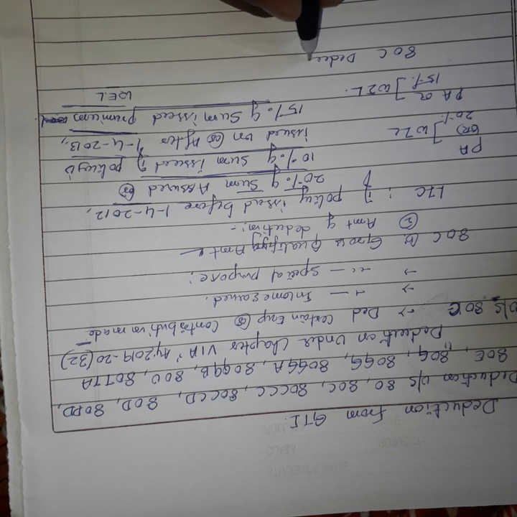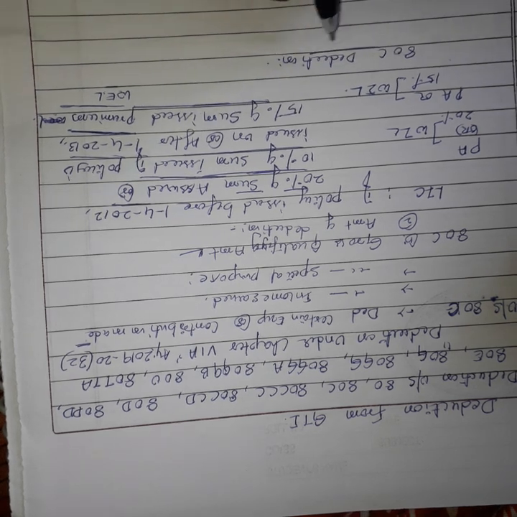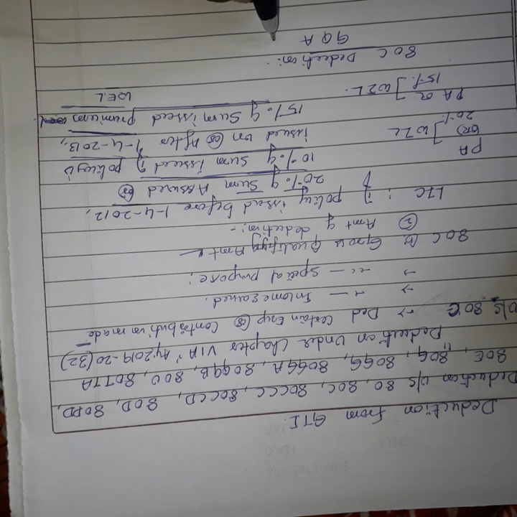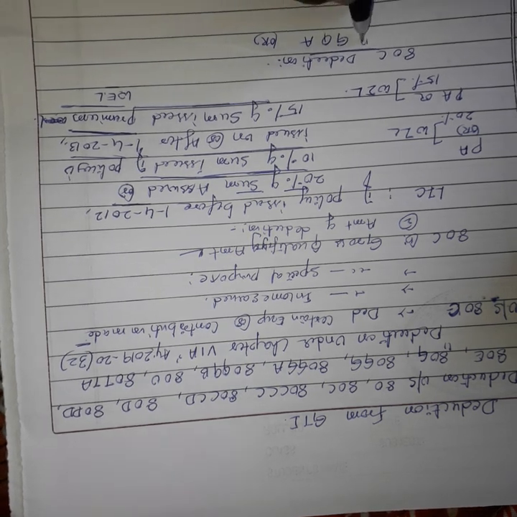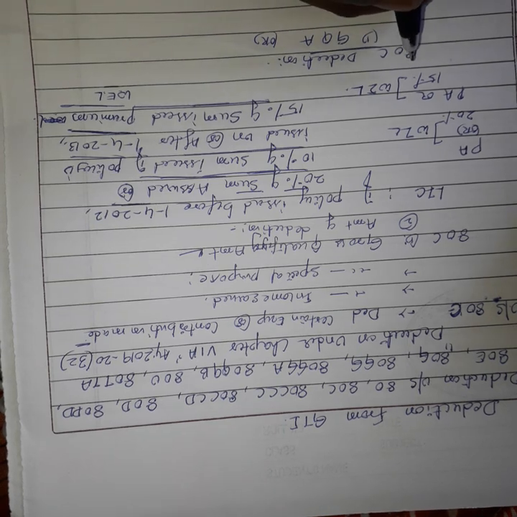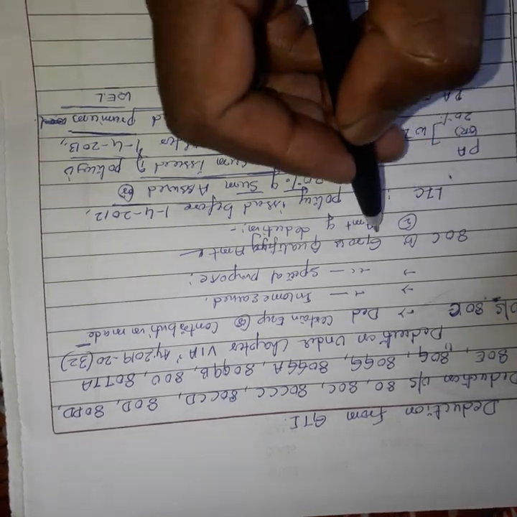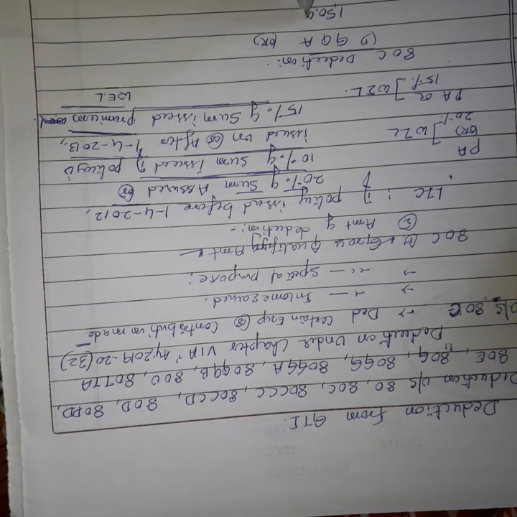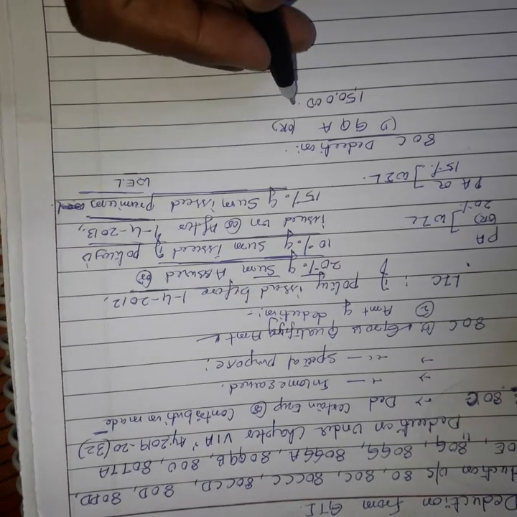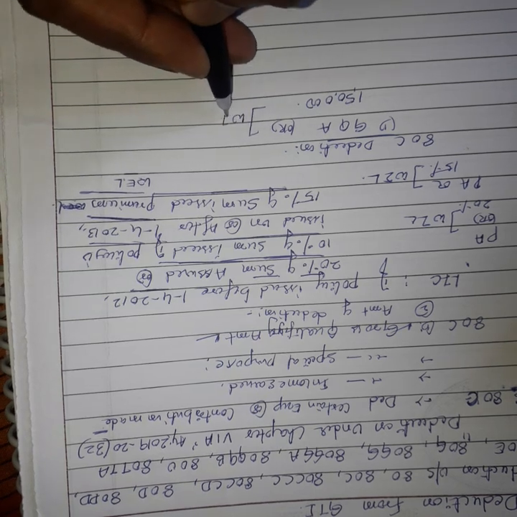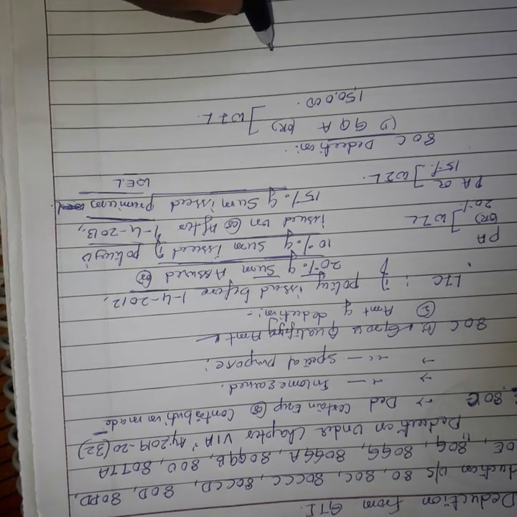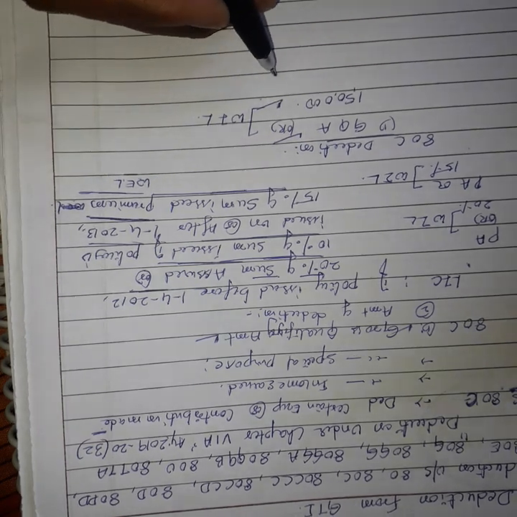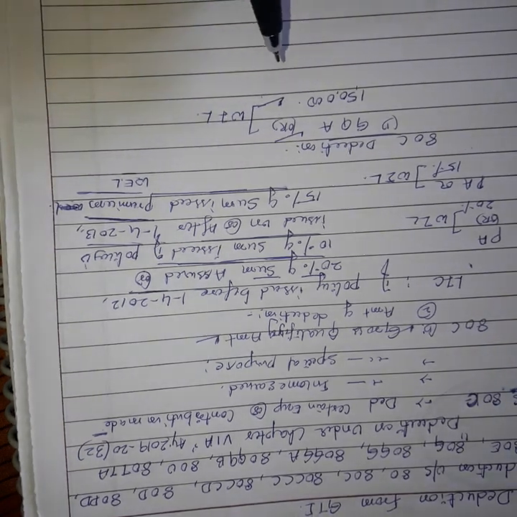deduction is the gross qualified amount or 1,50,000, whichever is lower. Gross qualified amount or 1,50,000, whichever is lower, you should consider.